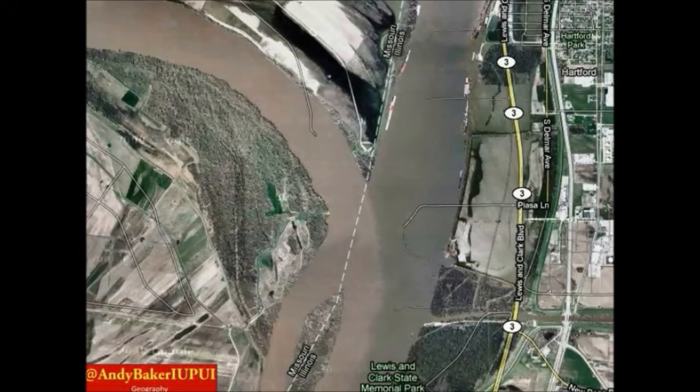What's interesting about this is that we can see the discoloration, the two different colors. Essentially this showcases the different sediments being transported, and the higher amount of sediment in the Missouri River, the one coming out of the northwest on the left-hand side, and then the Mississippi River, which appears clear in this image.